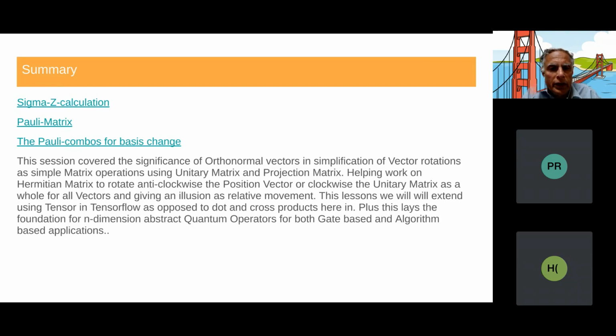So tensor is the one which will take it to n dimensions, and at this time we will just stop here, because tensor is required for us for n-dimensional abstraction, both for the quantum operators for the gate based implementation as well as algorithm based applications.